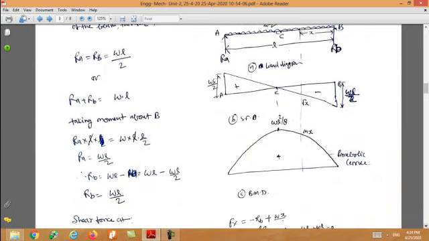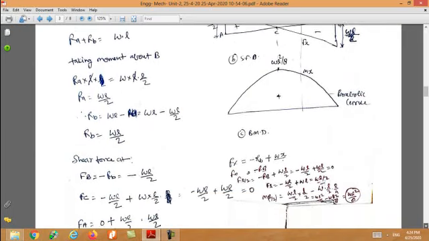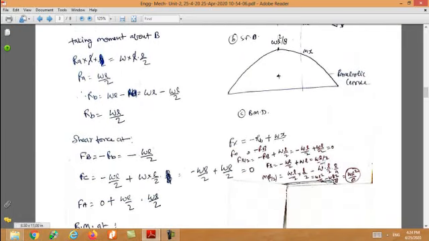So that is the reason it is negative: minus WL by 2. This carries on as minus WL by 2 for FC, and plus W into L by 2, because W into L by 2 is downward. From the right side it is downward, which means it is positive.